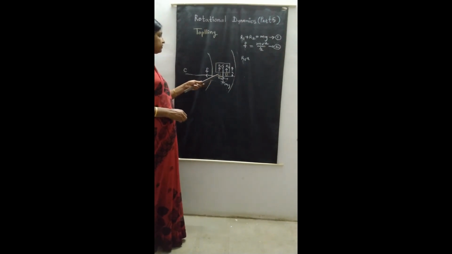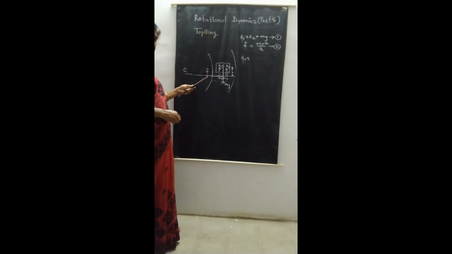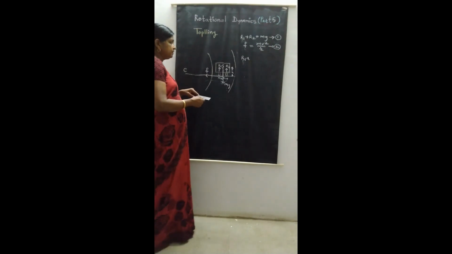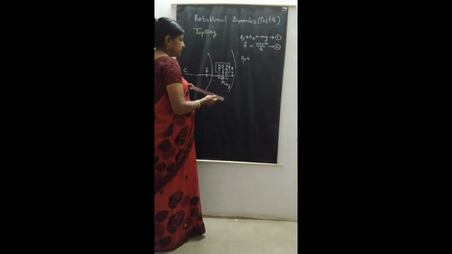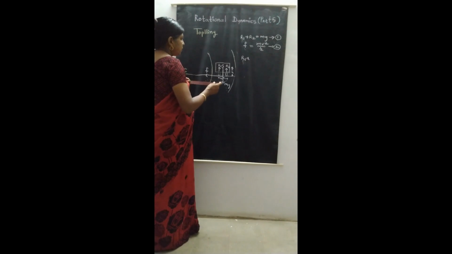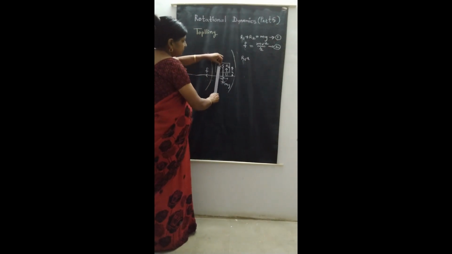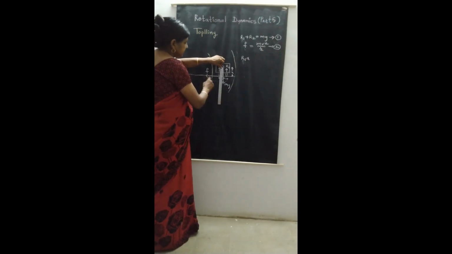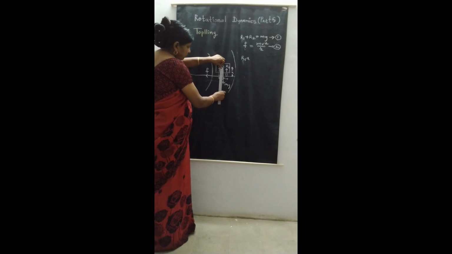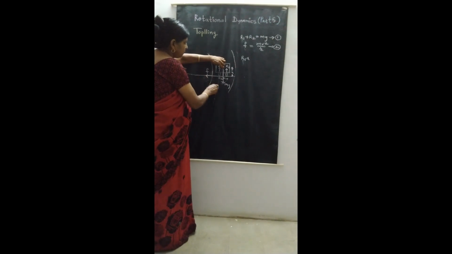Now this other force is the frictional force. Again for that, we will draw a perpendicular from G on this F, and here we are observing that this rod will move in this manner due to this force.